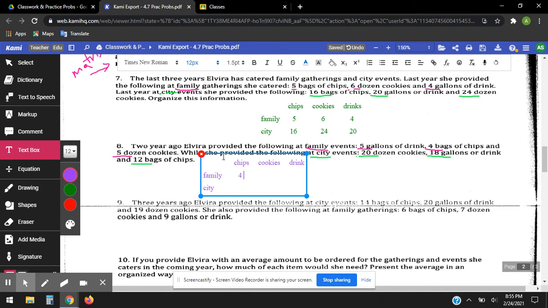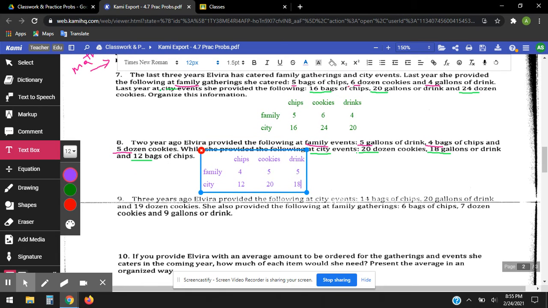And 5 dozen cookies, and then 5 gallons of drink. Then the city one: 12 bags of chips, 20 dozen cookies, and 18 gallons of drink.